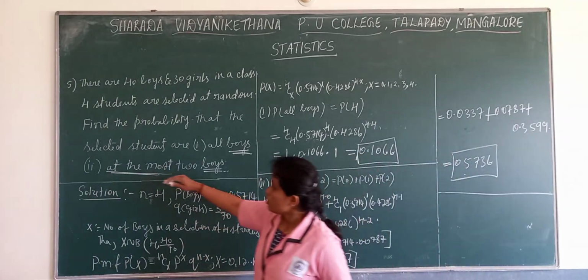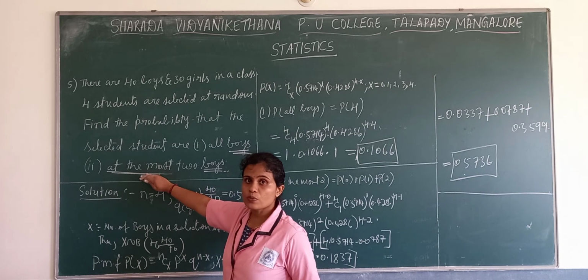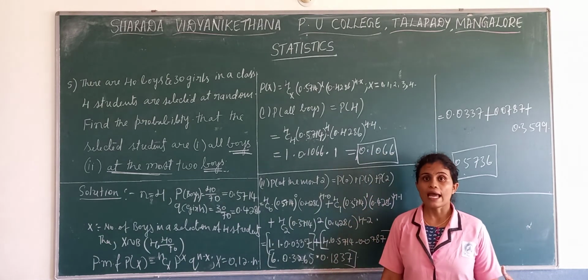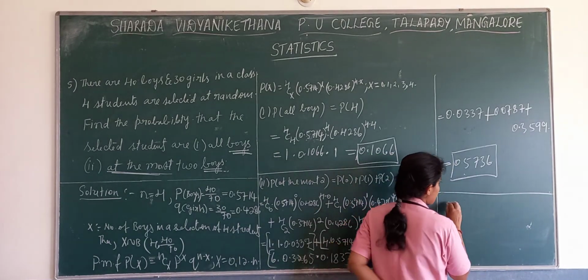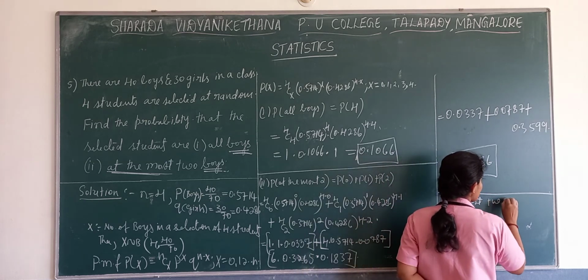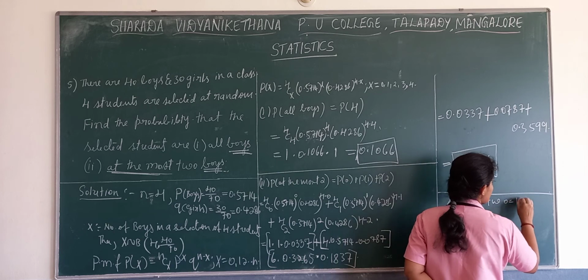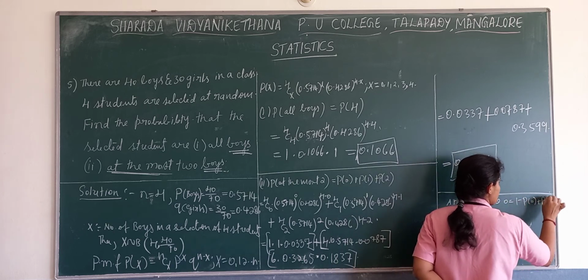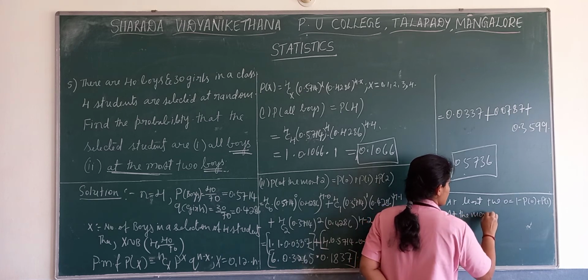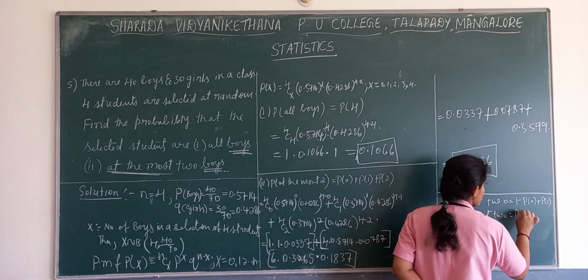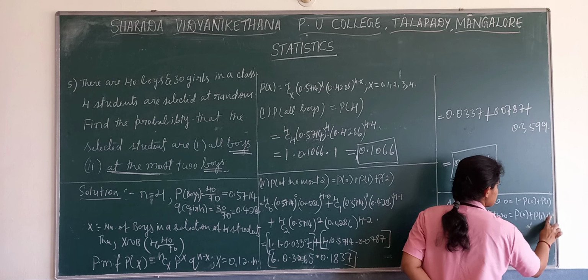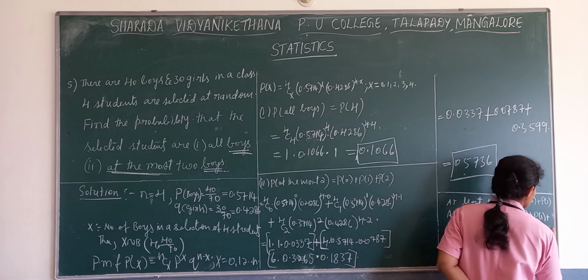Nothing to worry. When you select the question, you should know the proportion: what we need to take for at the most, what we need to take for at least one. Now I write for at least 2: 1 minus (P0 plus P1). At the most 2 means P0 plus P1 plus P2.